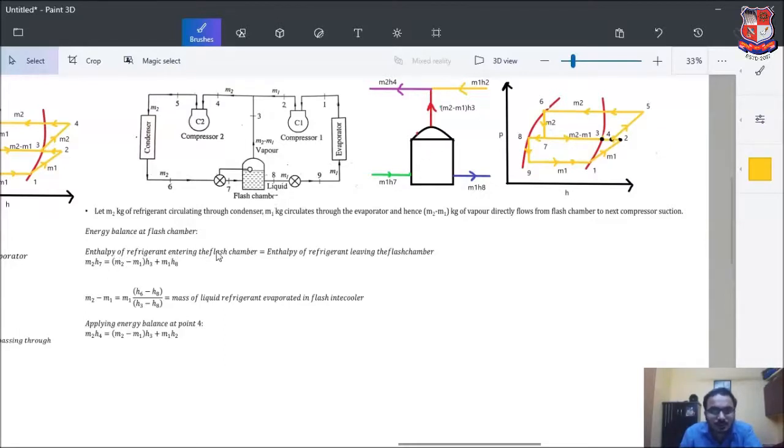So as you can see here, M2 into H7, I think here I have made a mistake.